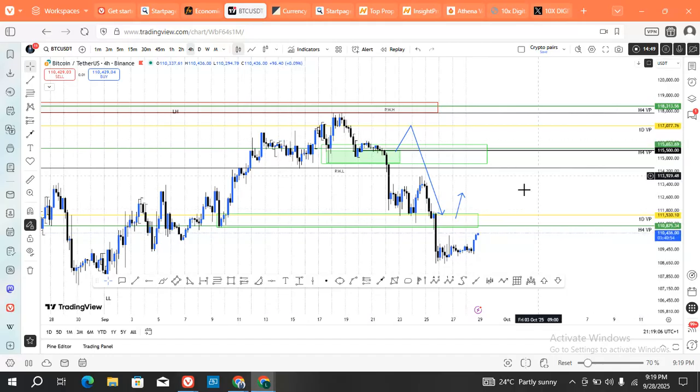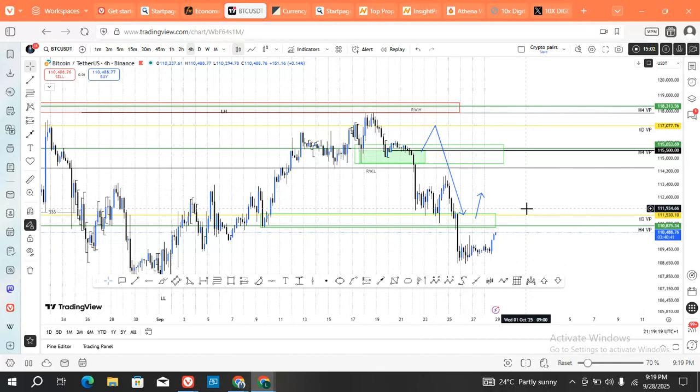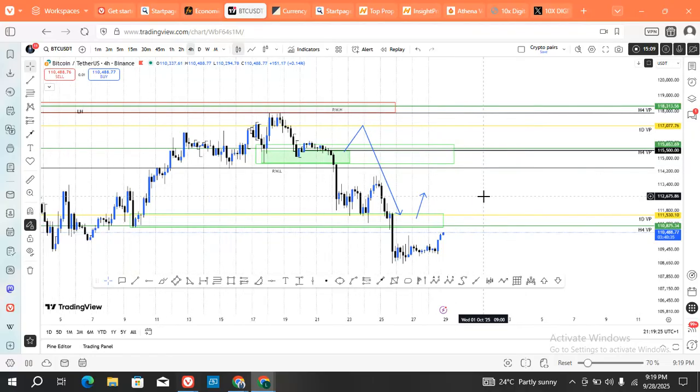So with that in mind, we are now looking out for more opportunities on BTC USDT. But this time around, let's update this chart.